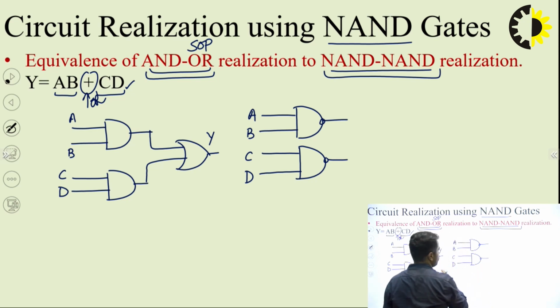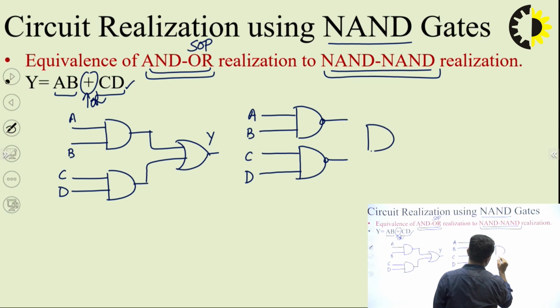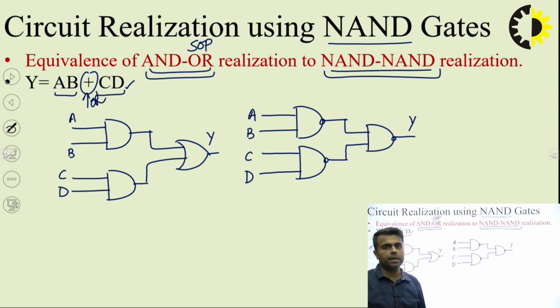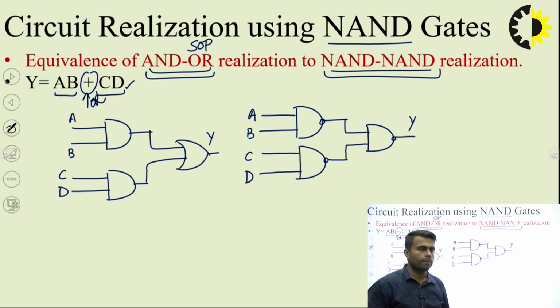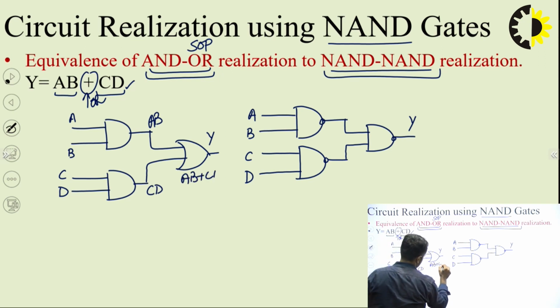And then instead of using an OR gate at the output, I am again using a NAND gate. And I am saying that these two circuits are exactly similar. So there is no doubt in that this is AB, this is CD, and this is AB plus CD.